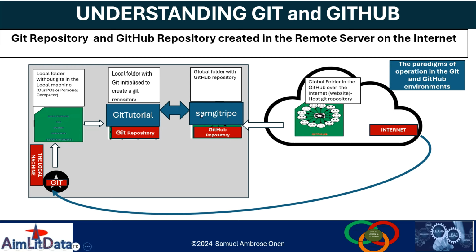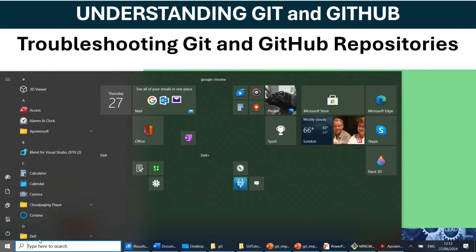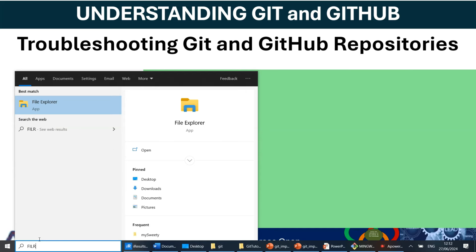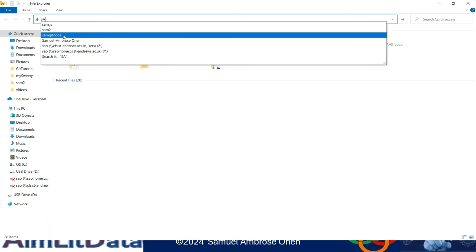And also I created a some Git code repo, a clone repository from GitHub. So that is a GitHub repository there, and I cloned that on my computer. I can also show you. Let's go to File Explorer once again and search for some Git code.